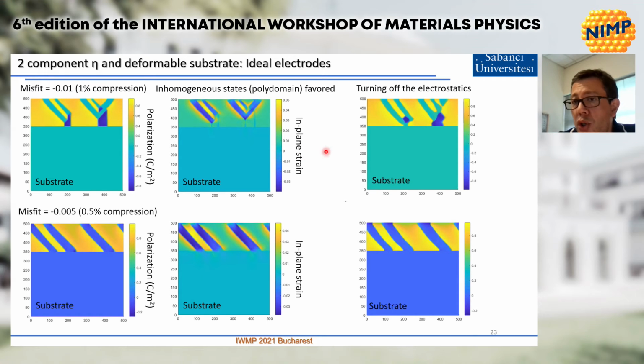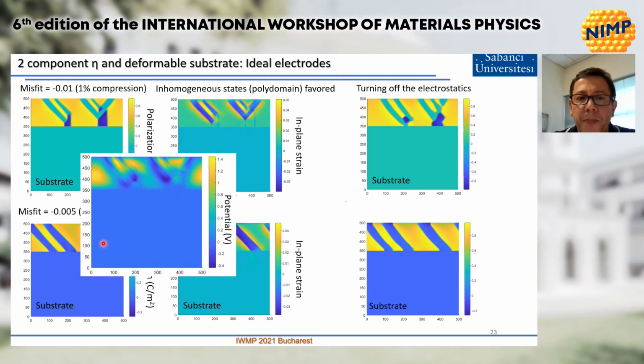We can also turn the electrostatics off and see what happens. What happens is that those sharp boundaries tend to get more diffuse, because they don't need to worry about abrupt changes in polarization that would cause internal electric fields, which is also the case for this particular misfit.